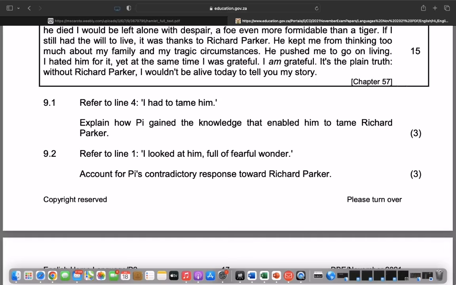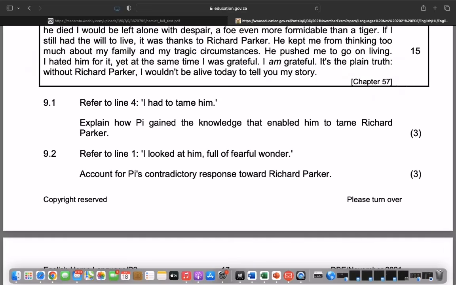Okay? That's absolutely important. So you can say that at first, Pi was fully aware of the danger of RP. He was aware of Richard Parker's brutality and savage nature.